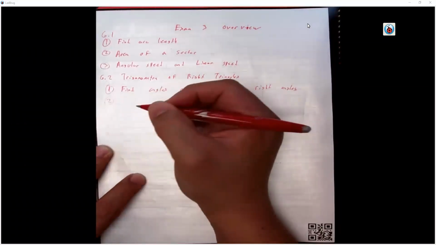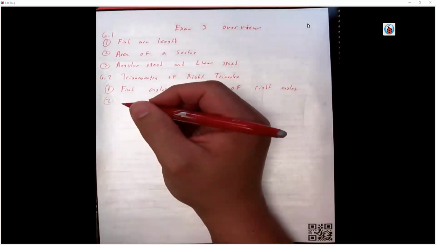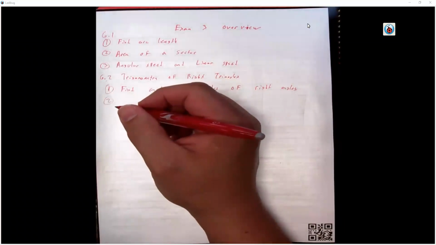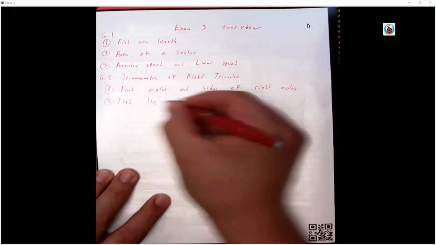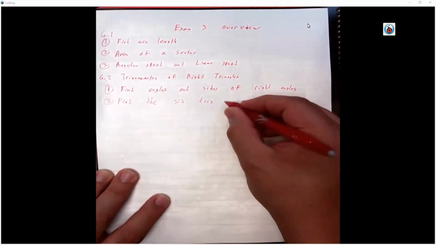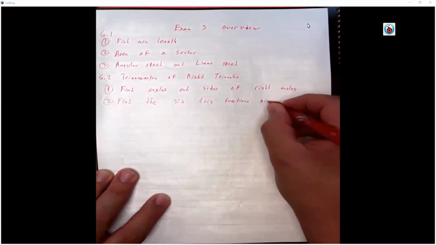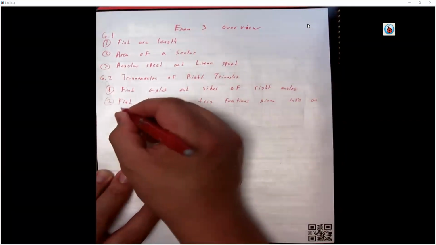Number 2, I have a problem where I say, I may have already asked this before, but given a triangle, find all 6 trig functions. So find the 6 trig functions given info on a right triangle.